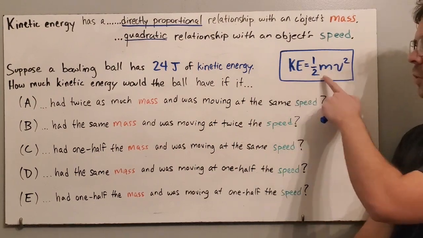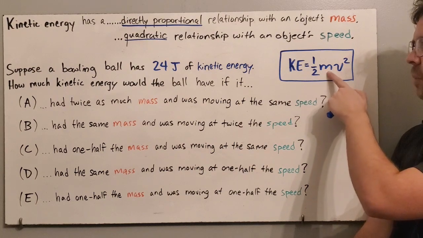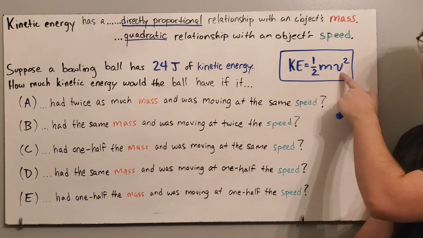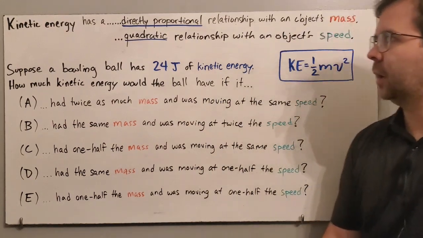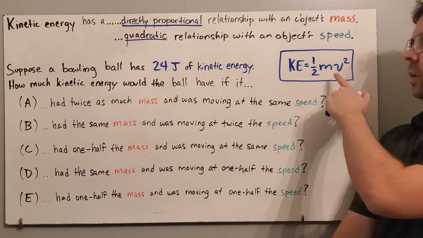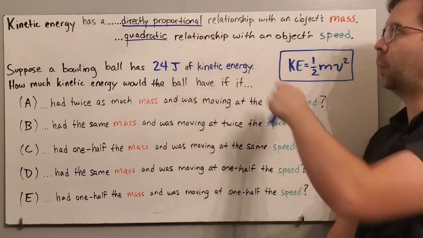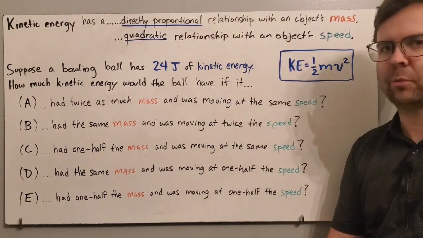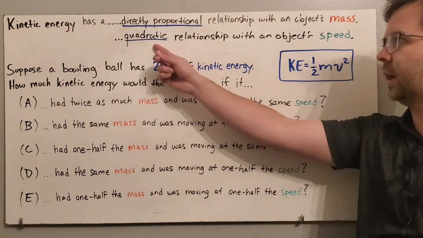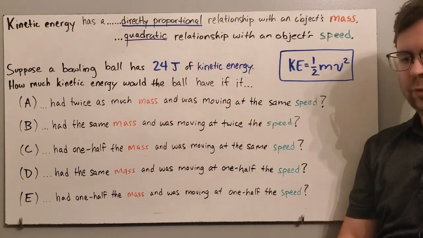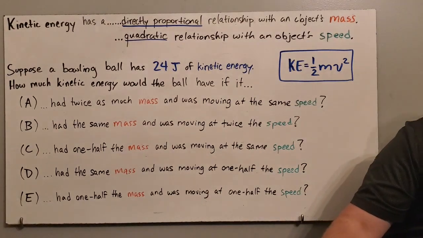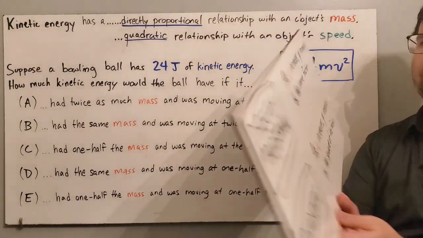So kinetic energy is equal to 1/2 times the mass of an object times its speed squared. And based on this equation, kinetic energy has a directly proportional relationship with an object's mass and a quadratic relationship with the object's speed. A quick review of these two mathematical relationships.